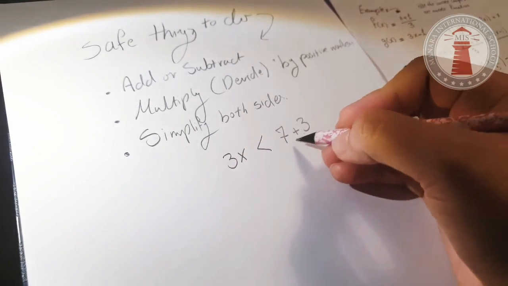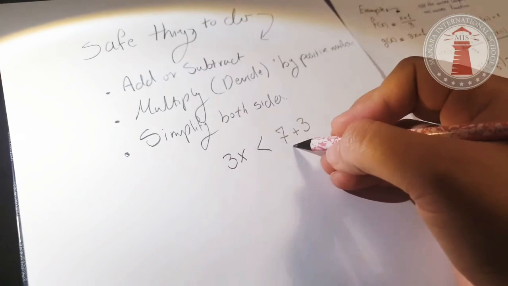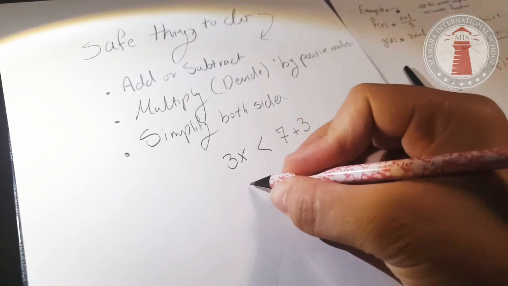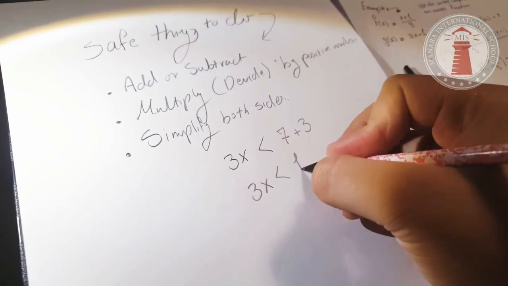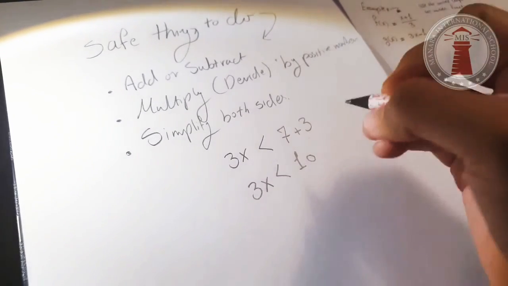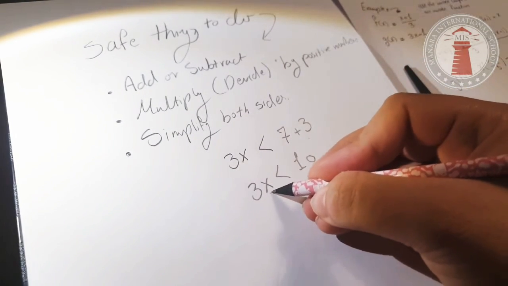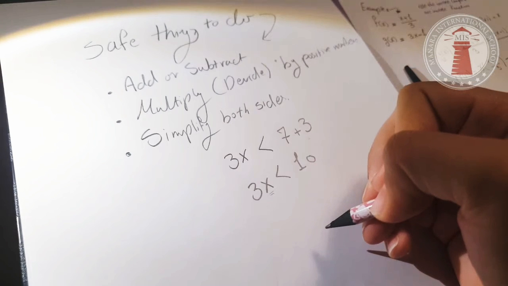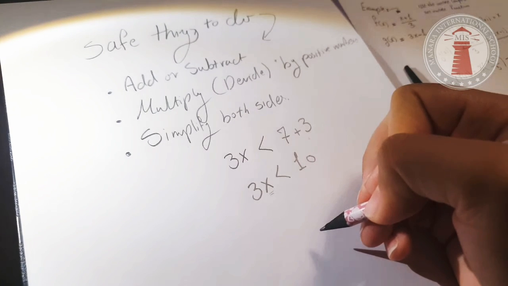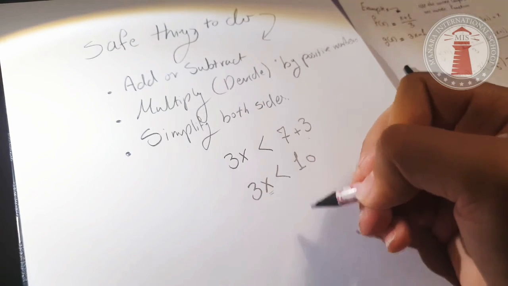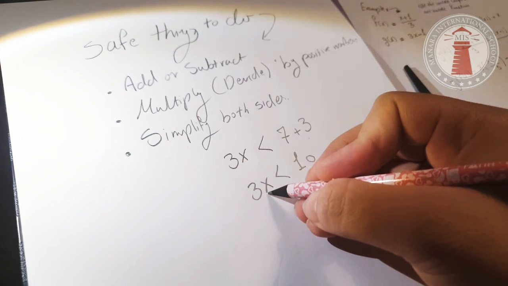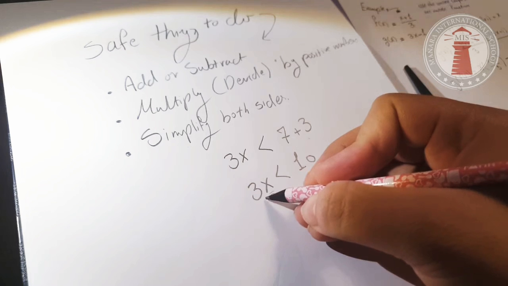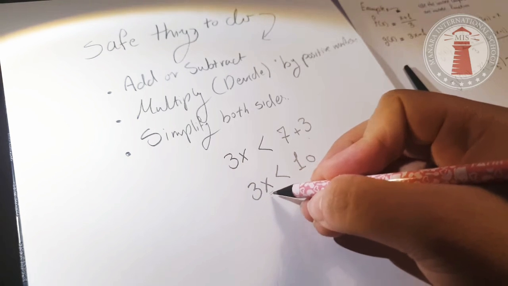So here we have like terms, two constants that we can add together to become one number, which is simplifying it. So we'll have 3x that is less than 10. Now another thing to do is, how can we leave the x on one side without affecting the inequality? What we said before when we talked about equations, we need to check the coefficient of the variable.